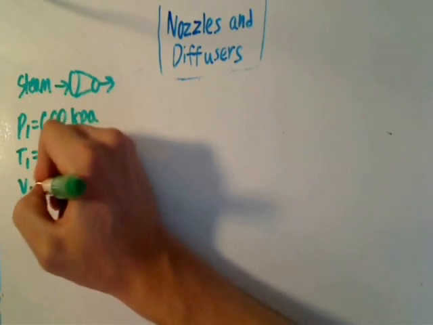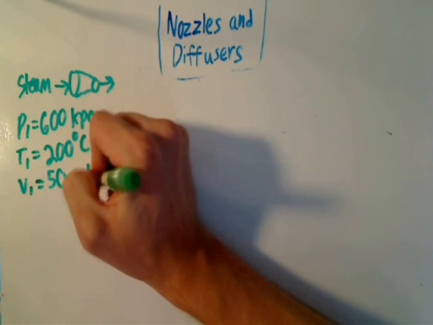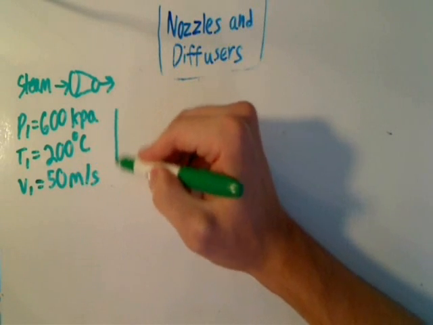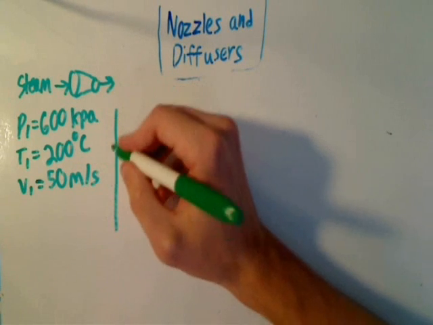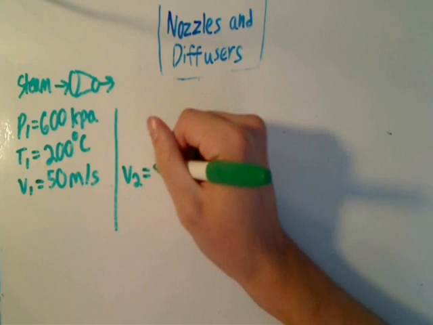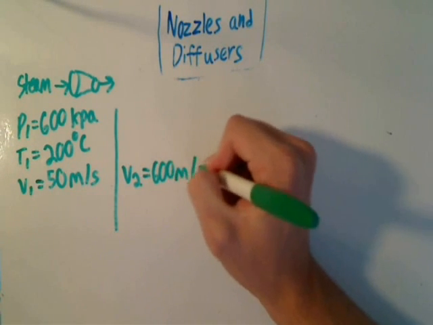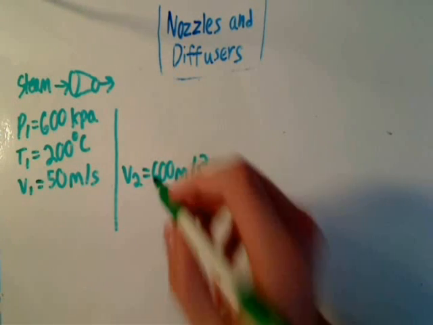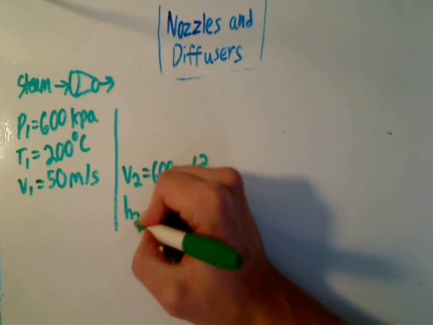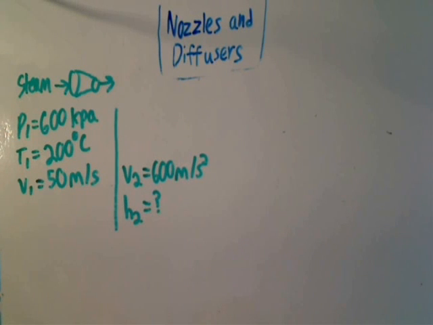And it has a velocity of 50 meters per second. When it comes out, all we know about it is that its velocity is 600 meters per second. What we're going to do is find out what the enthalpy is at the exit.